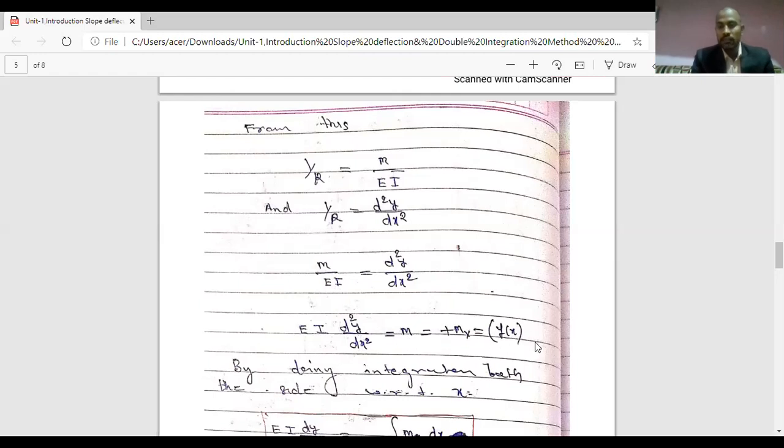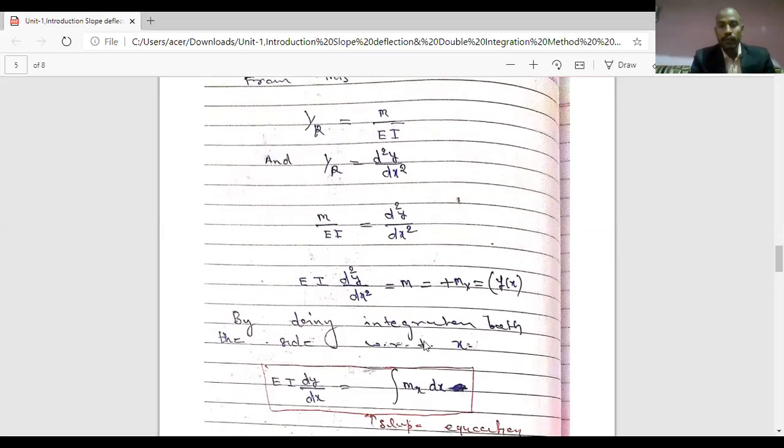M is a function of x. Obviously, we cut a section and take the moment about the xx section. Clear?